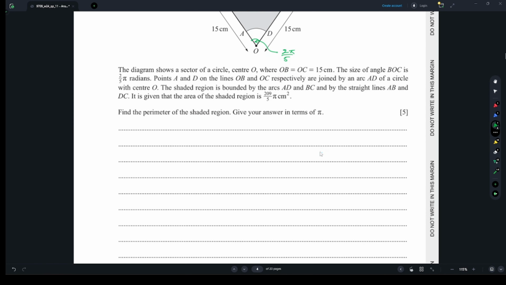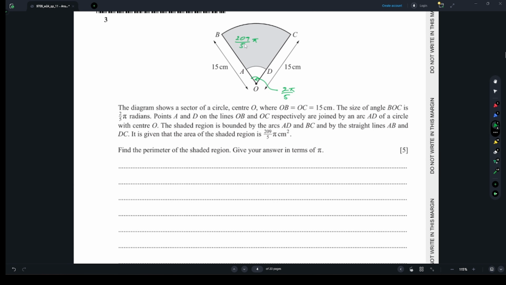Okay, so how can we do it? Here we know the area of the shaded region, right? So we can try to find it in another way.